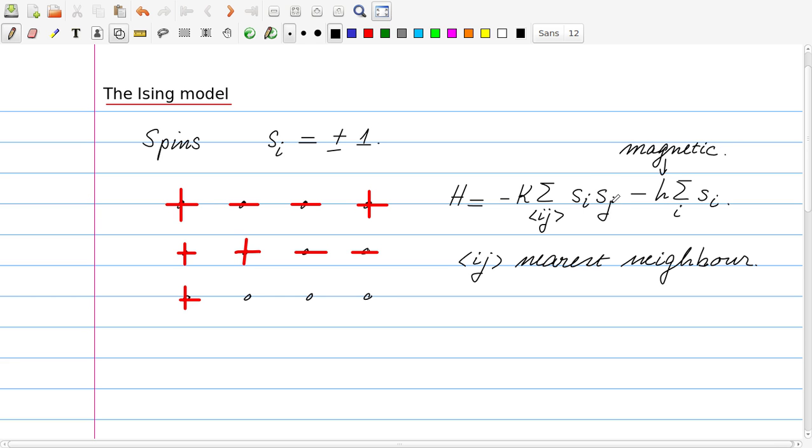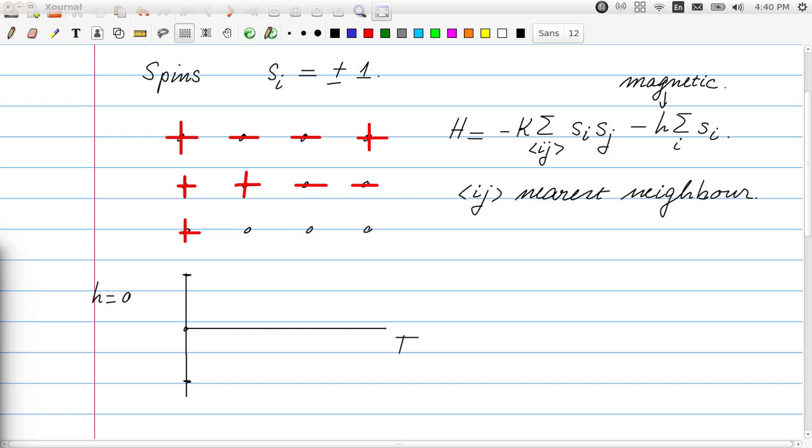So the first term is symmetric with respect to the spin direction. If I would flip all the values, because this is a quadratic term, it doesn't change the Hamiltonian. The K gives you the coupling constant, so it tells you how much energy you gain by having like nearest neighbors, and how much energy you have to pay for 2 unlike nearest neighbors.